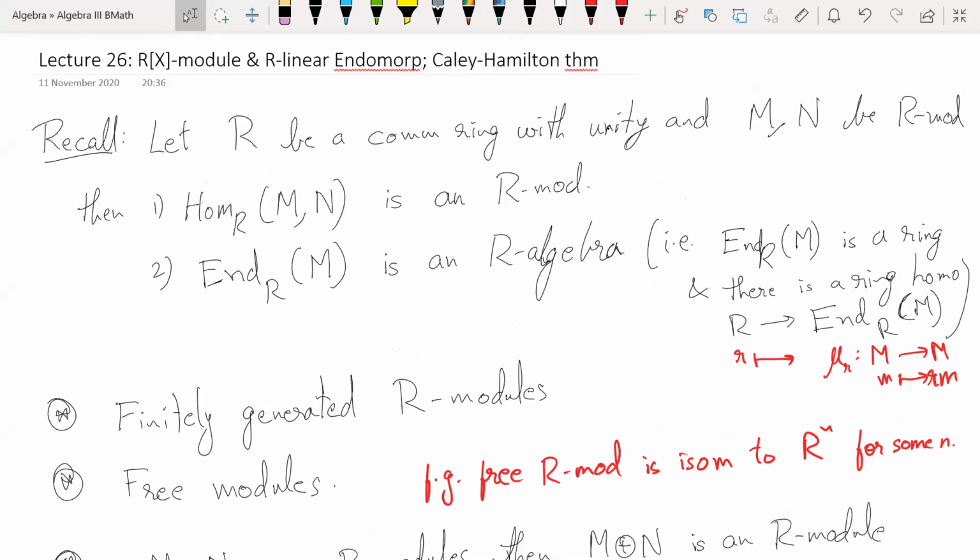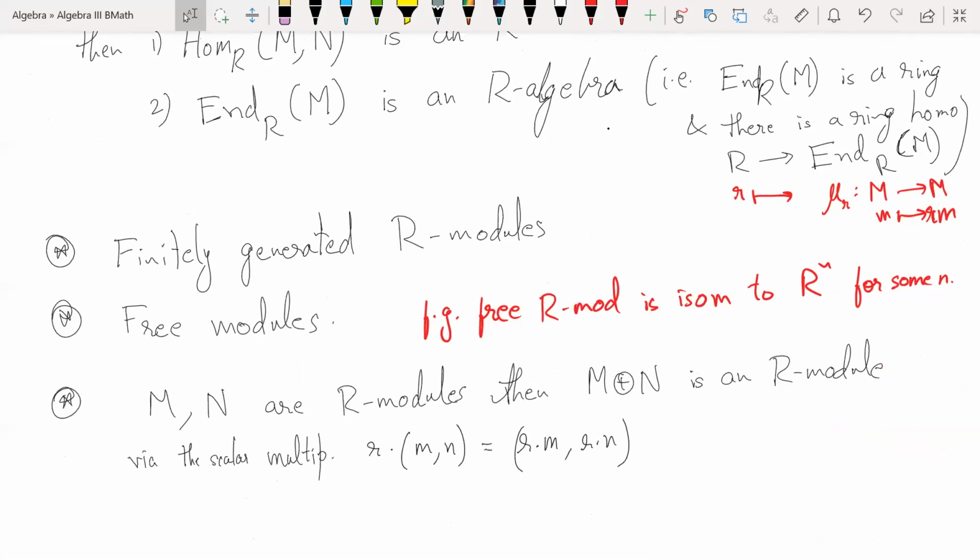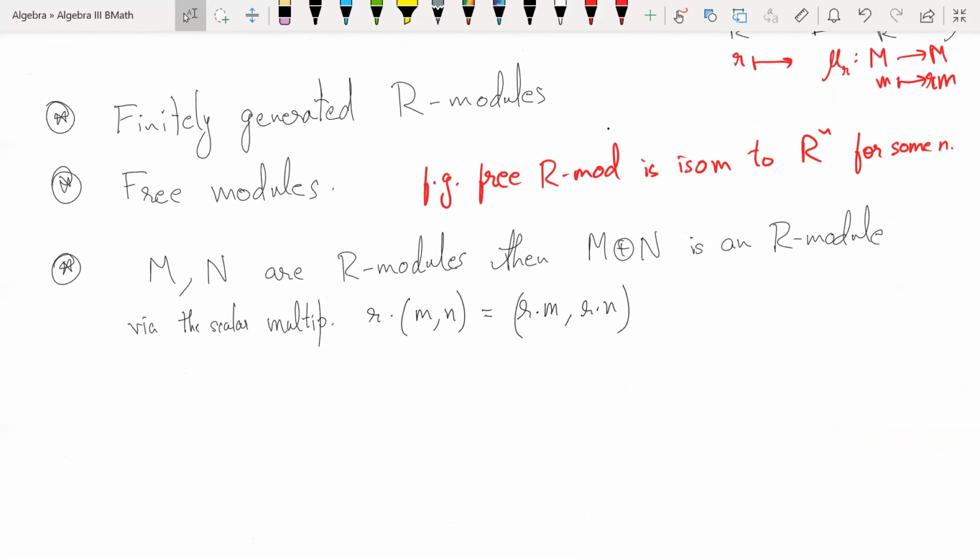So maybe we'll do one example. It's a good idea to do some examples. Let's take R to be Z, and M to be some module.